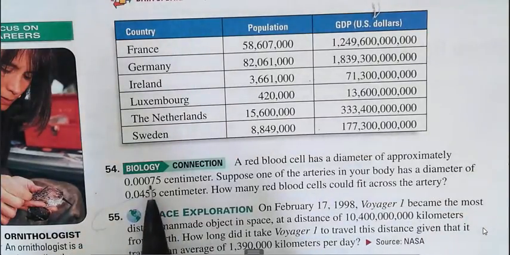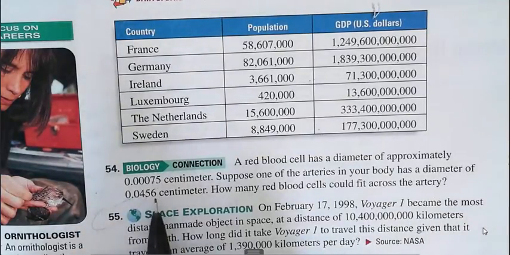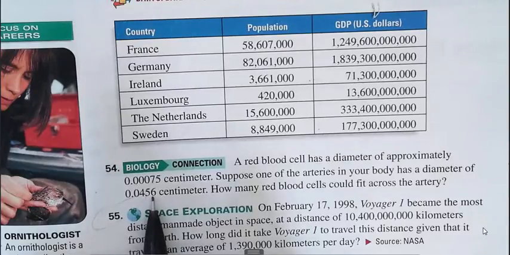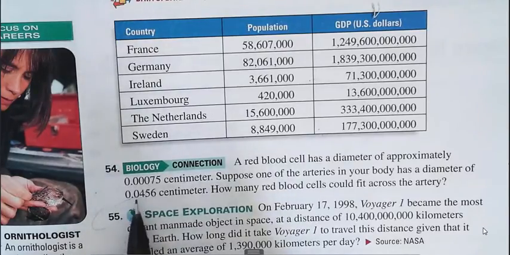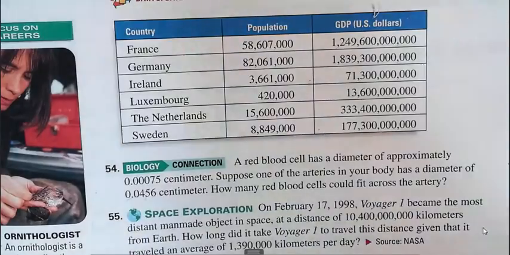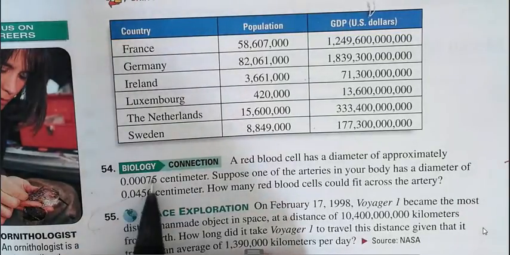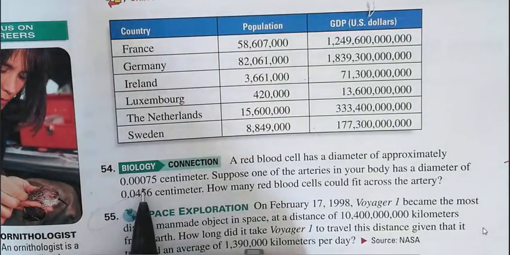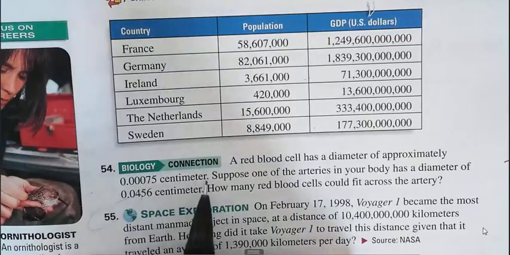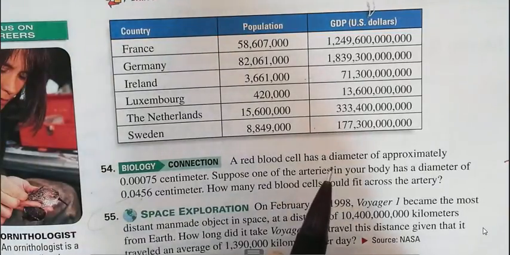Okay, so we're asking how many of these can we fit in that length? The diameter of this is smaller than this, so we should be able to fit several of these into there. The first thing I'm going to do is write those in scientific notation. I know it's maybe been a while since you've used scientific notation. Let's remember that a number this small is going to be multiplied by 10 to some negative power.